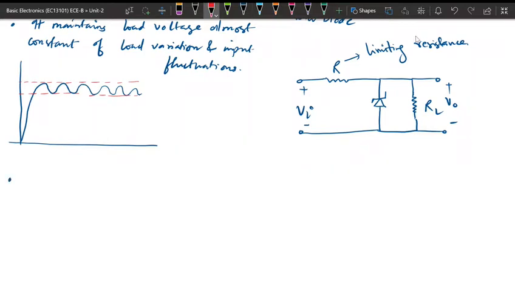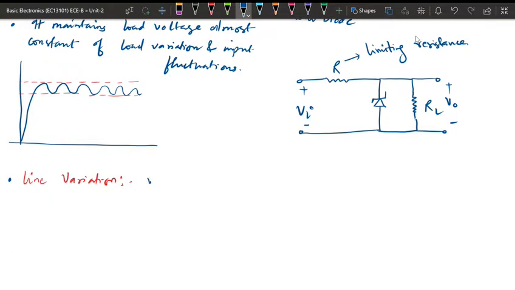One term is called line variation. Line variation means if input voltage is varying, then with respect to the variation in input, what will be the variation in output, that analysis is called line variation analysis basically.